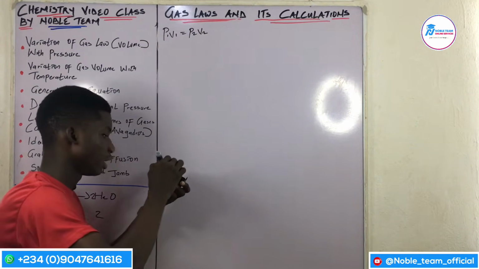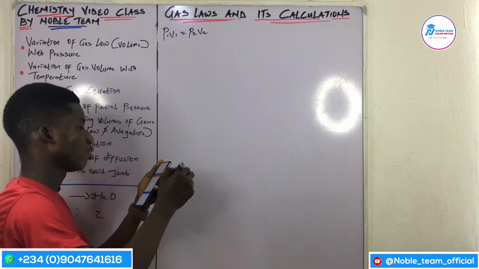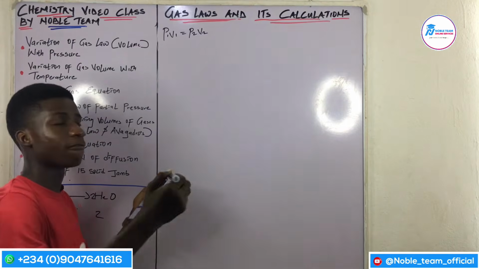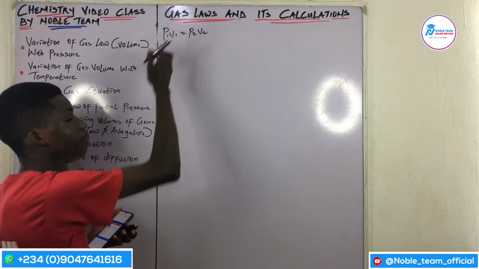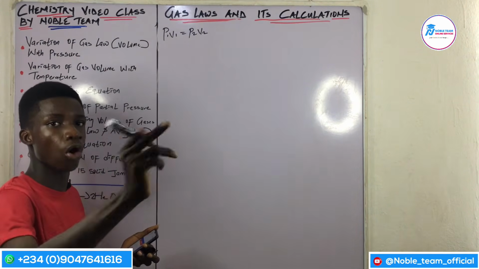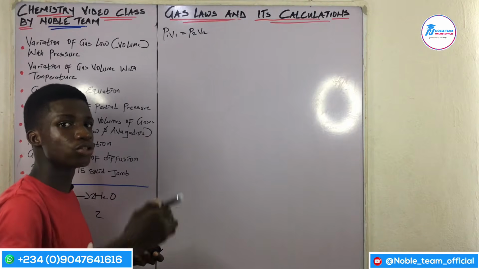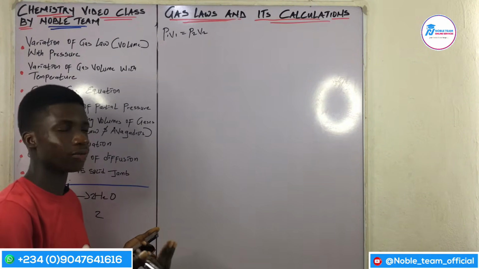So in the question, they gave the pressure, which is the initial and the final. I want us to take note that P1 is the initial, V1, anything with 1 is the initial, then 2 is the final. You understand? So I want us to take note of that point.